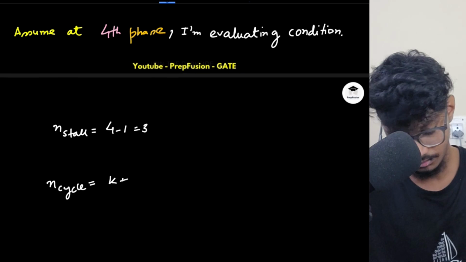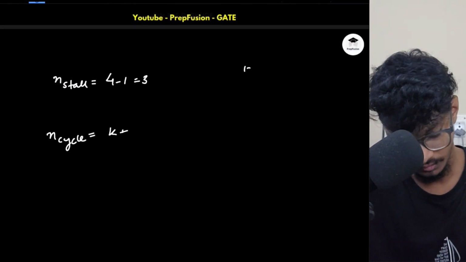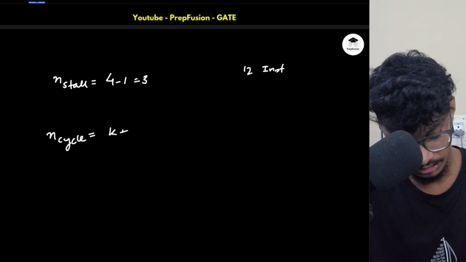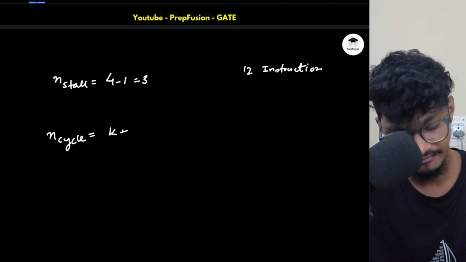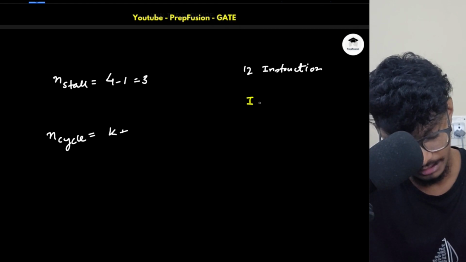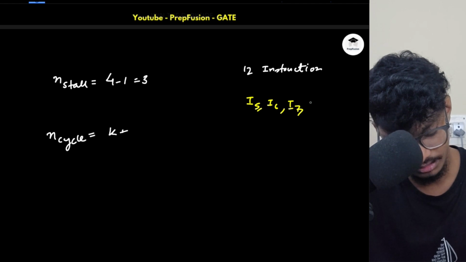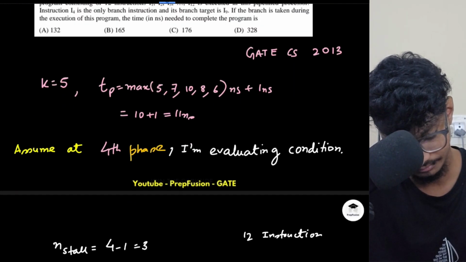So total I have 12 instructions, and out of those I'm executing I4, but I'm not executing I5, I6, I7, I8. I'm directly going to I9. Correct?